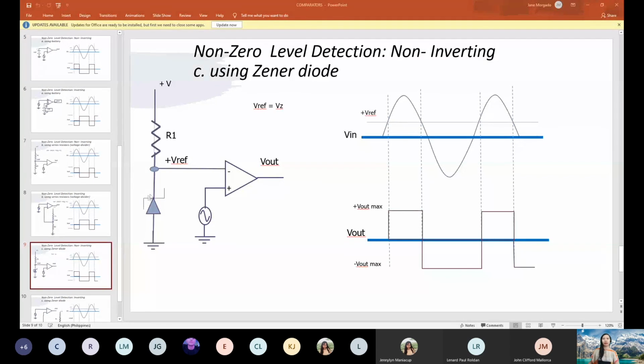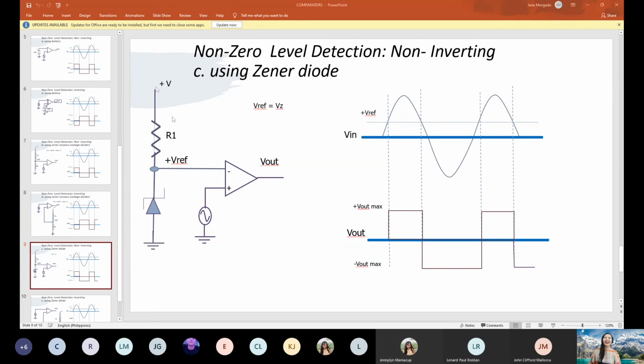Again, when we say cathode, is that positive or negative? Negative. The cathode is negative, and it is connected to what? Ground? Positive voltage.